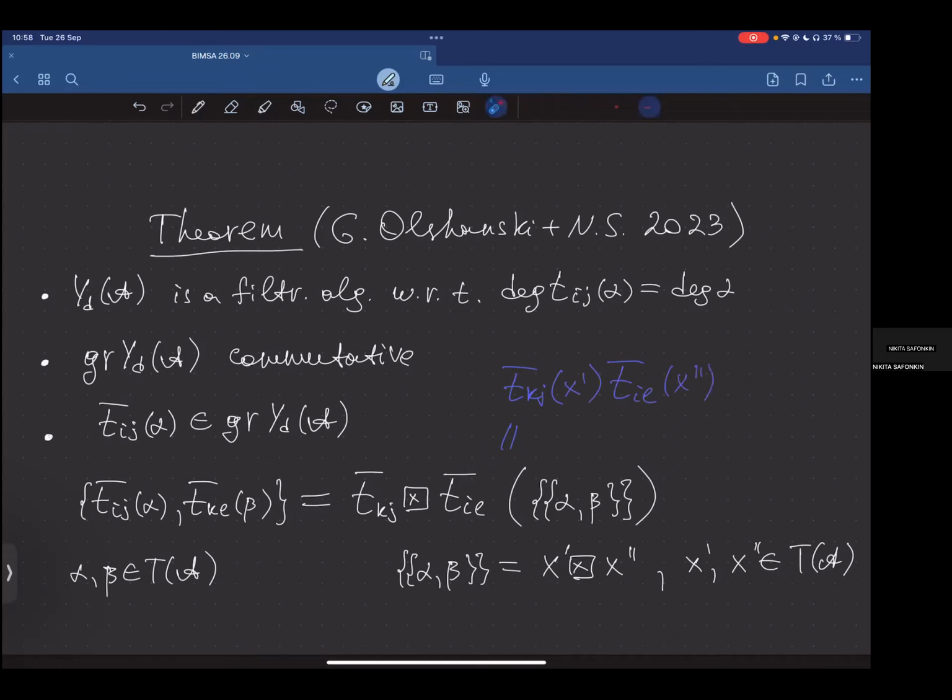So we have an element of the square of our tensor algebra, which is this. And then we would like to put on each of those factors the indices kj and il, and produce an element of this associated graded algebra. That's exactly what is done here.